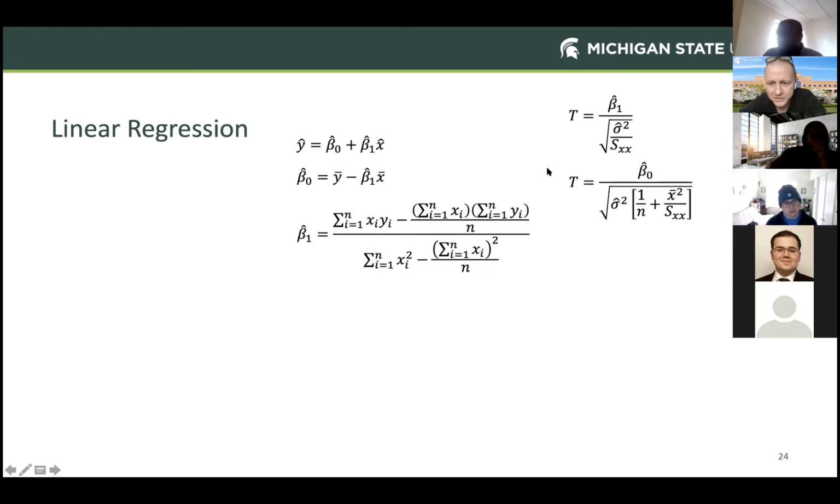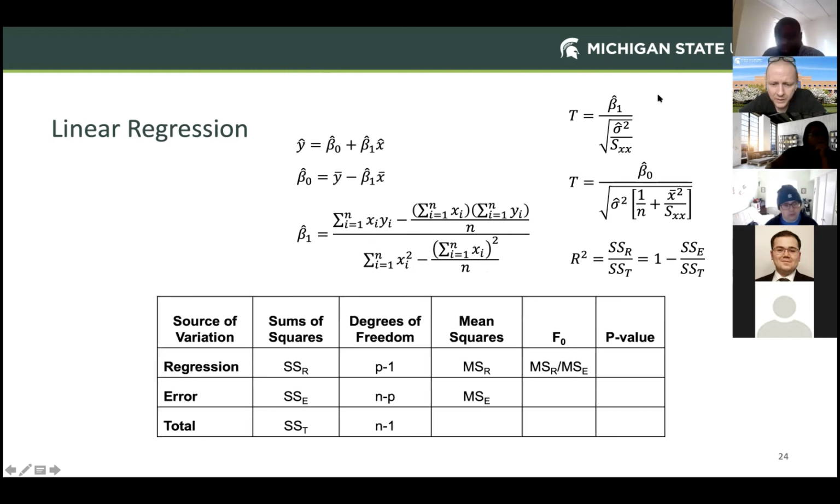The t-statistic to evaluate those hypotheses of interest is as shown here. We talked about R squared, which represents the proportion of the total variation in our Y variable that's explained by X. We can calculate that in either of the two manners illustrated there. We can also present these results in an ANOVA table where we have our regression, error, and total sum of squares.